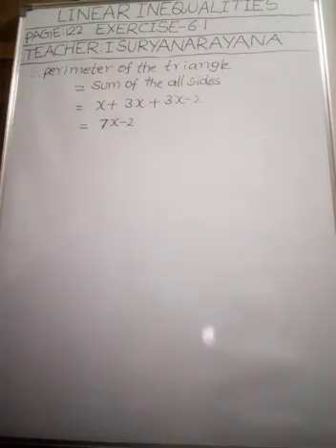Then in the question, what is the condition given on the perimeter of the triangle? It is at least 61 centimeters. At least 61 centimeters.